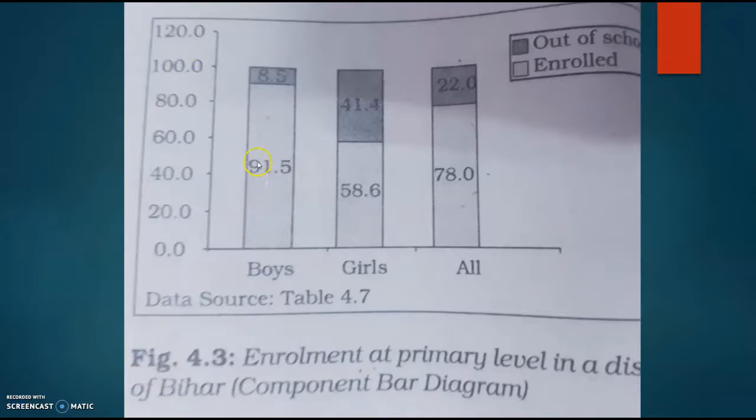So first we have to mark 91 percentage and then 8.5 percentage. So the total 100 units. Then next one 58.6, then 41.4, 100 units. Then next one 78.0 and 28.0. So the total is 100 units.